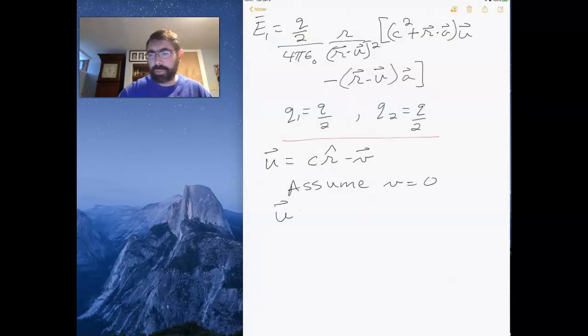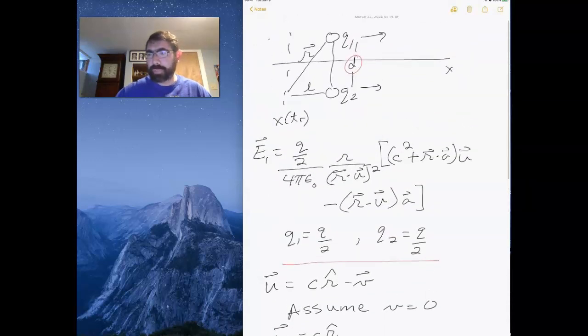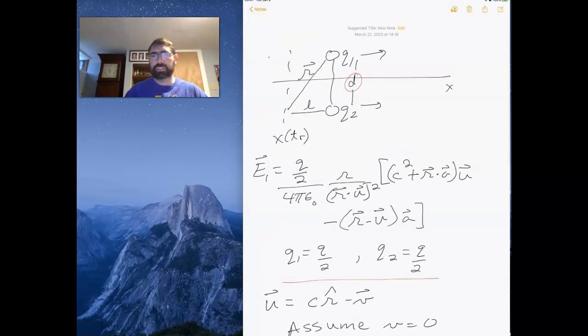So that means u is c times r. R is a vector which you can write as L in the x direction plus D in the y direction. So going back to our picture, the field basically traveled a distance L in the x direction and D in the y direction.